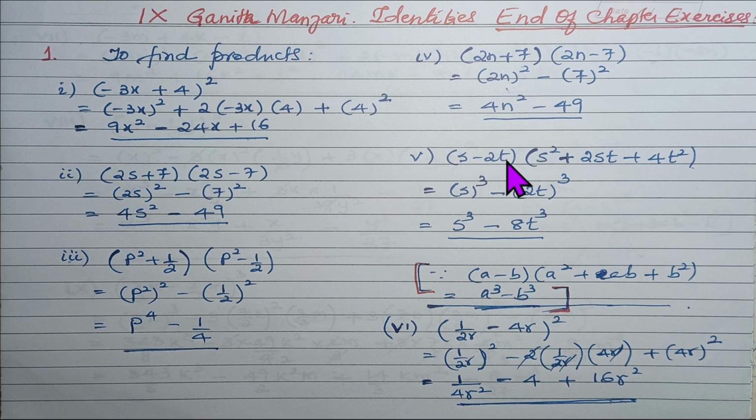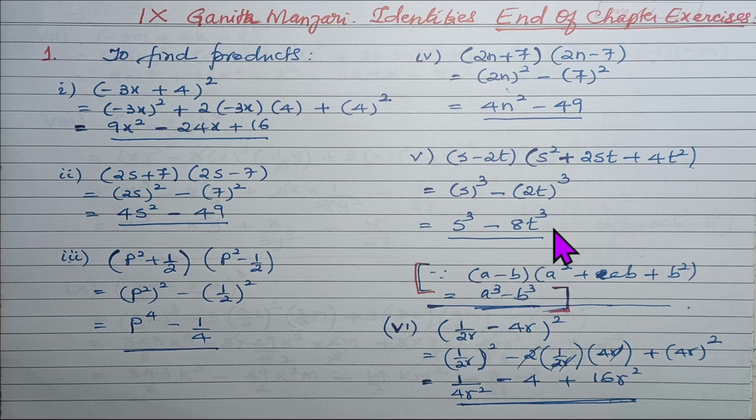The next example is (s - 2t)(s² + 2st + 4t²). If you look at this given example carefully, it is of the form (a - b)(a² + ab + b²). It is the a³ - b³ factorization. So a³ - b³ = (a - b)(a² + ab + b²), and exactly the reverse of that, (a - b)(a² + ab + b²), is equal to a³ - b³. Here a is s, so s³, minus b³. 2t is b here, so it is (2t)³.